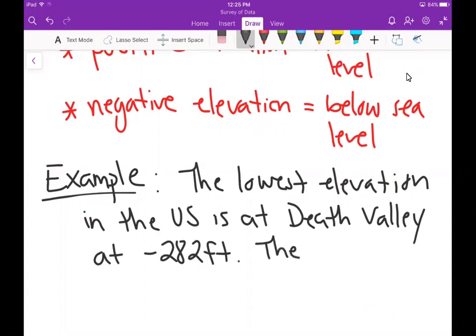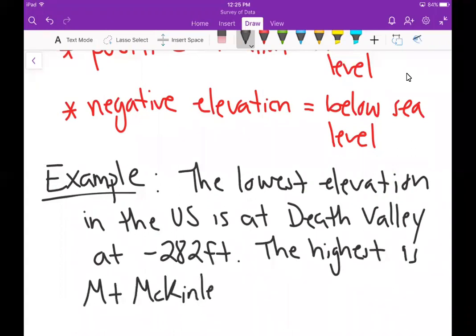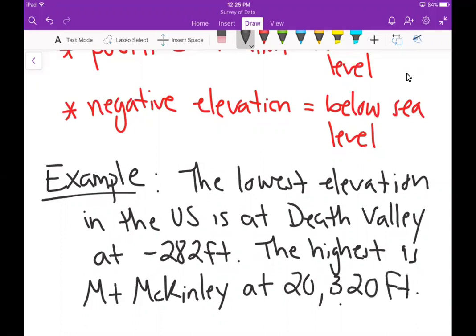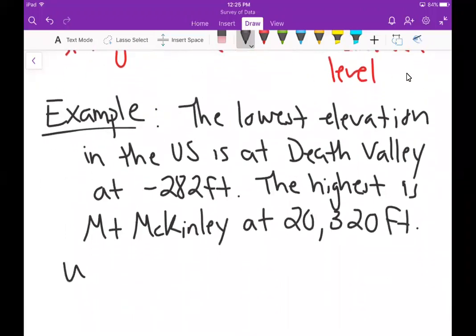The highest is Mount McKinley, which is at an elevation of 20,320 feet. I want you to then find what is the change in elevation.